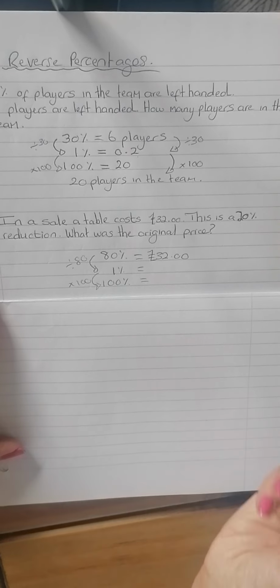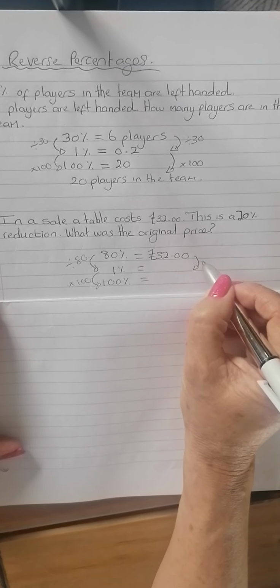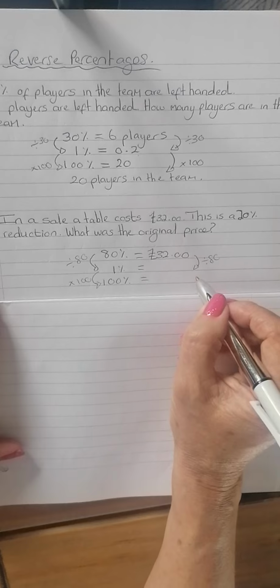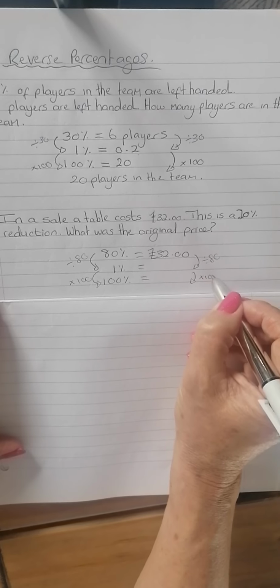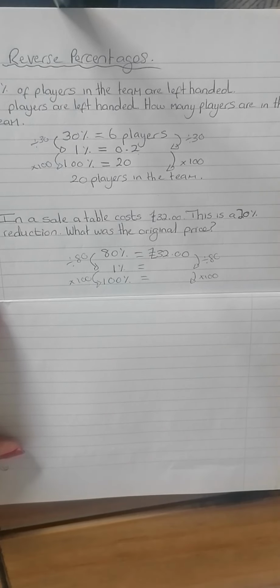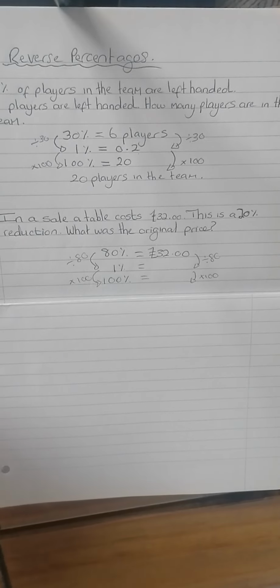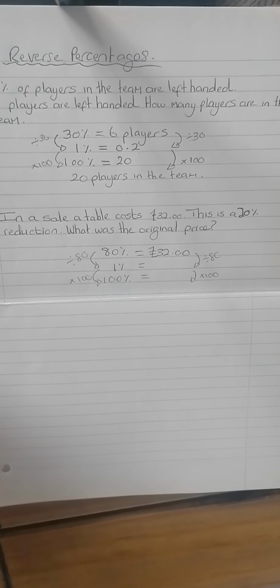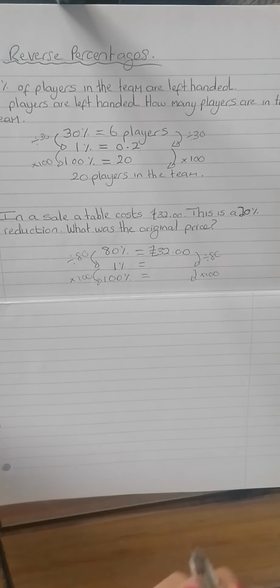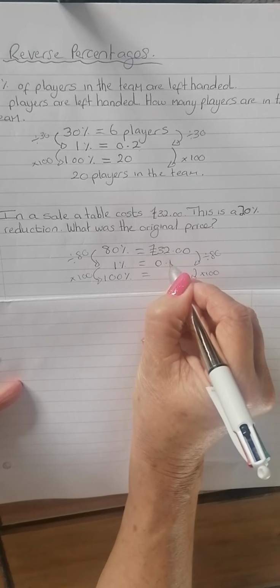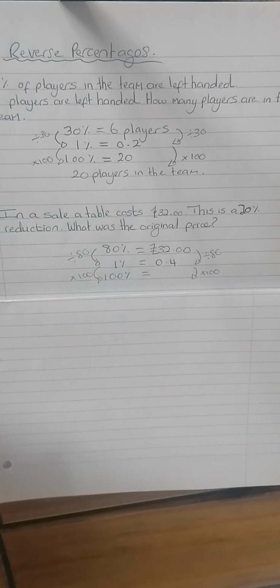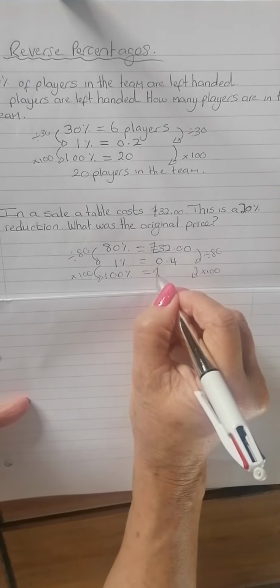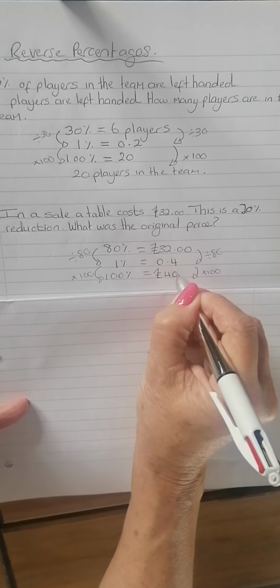So you do exactly the same to the other side. You're going to divide it by 80. Then you're going to multiply it by 100 to get the original price. So 32 divided by 80 is 0.4. Then multiply by 100 to get the original price of £40.